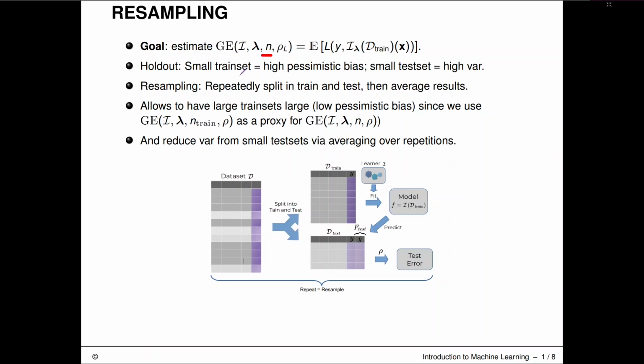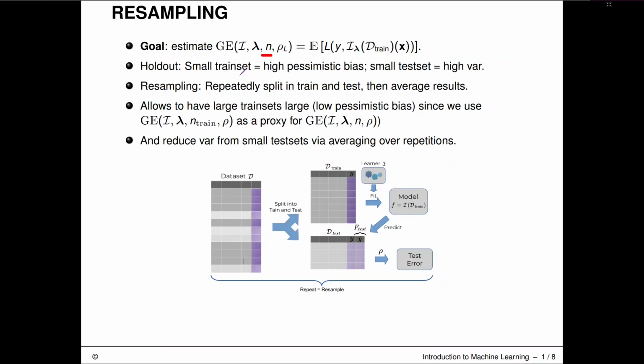Of course, if we make our training set extremely large, then there will be only very, very few data points left for our test set, and the smaller our test set becomes, the higher the variance of our generalization error estimator becomes. And this seems like a super annoying and super bad trade-off, because both of these things are bad in order to produce a good GE hat estimator.